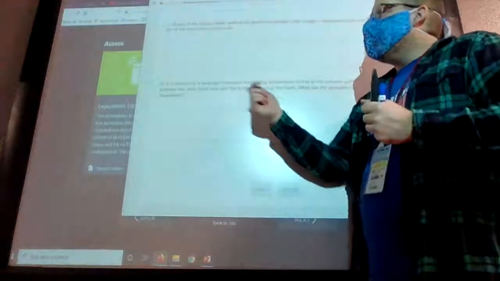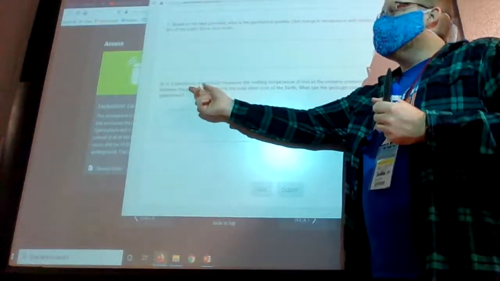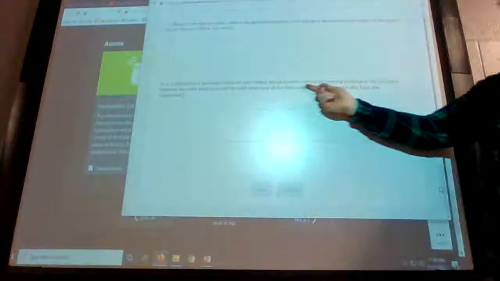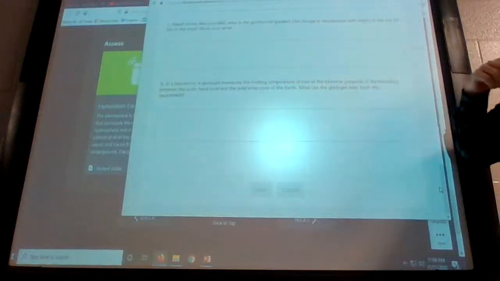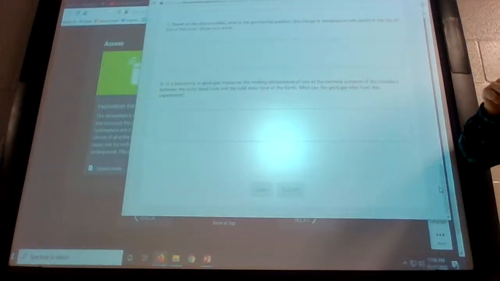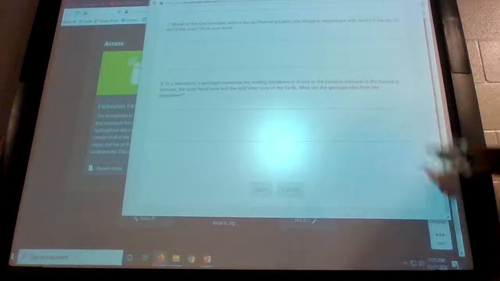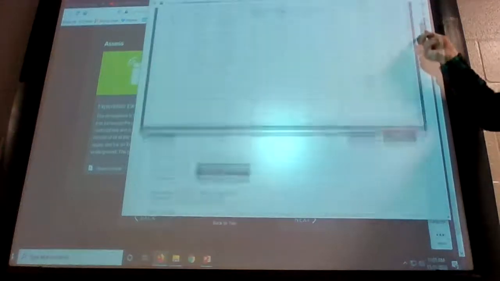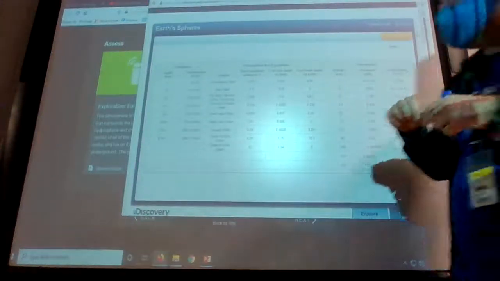Okay. In a laboratory, a geologist measures the melting temperature of iron at the extreme pressure of the boundary between the outer liquid core and the solid inner core of the Earth. What can the geologist infer from this experiment? If we go back up here, basically they don't even have it listed here.